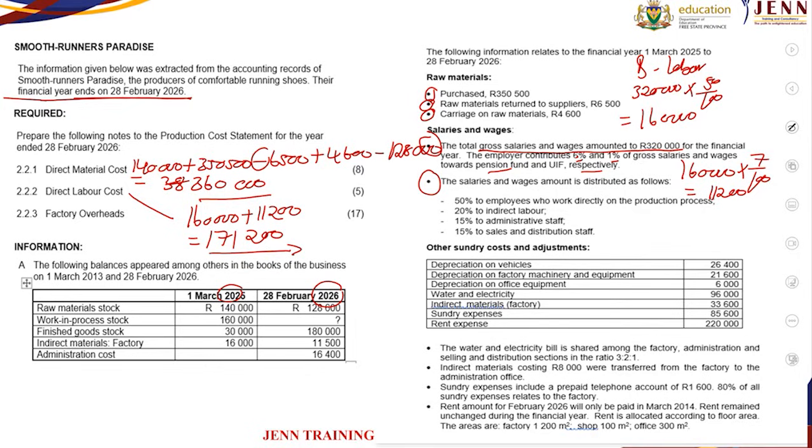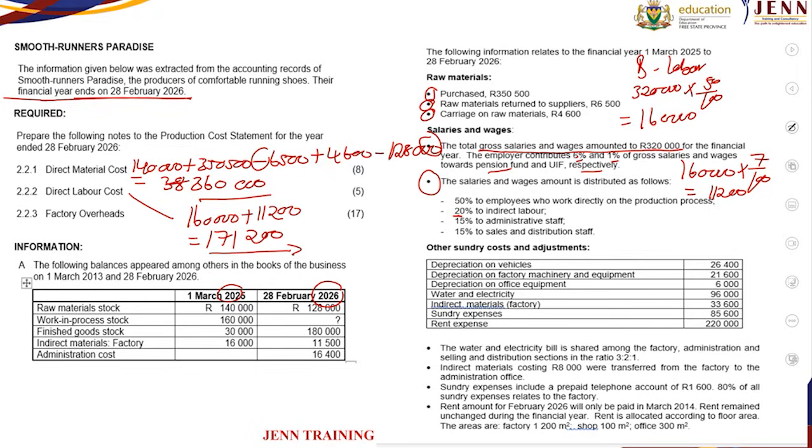We move on if there are no questions. Now we need to go to factory overheads. In factory overheads, the first one that we need to calculate is indirect labor. Remember, out of this salary, we need to calculate the 20% of indirect labor.